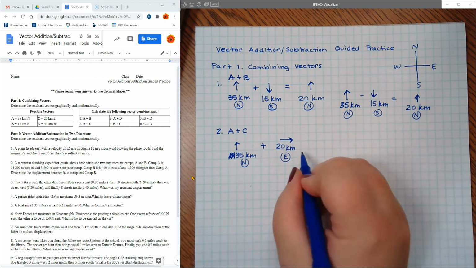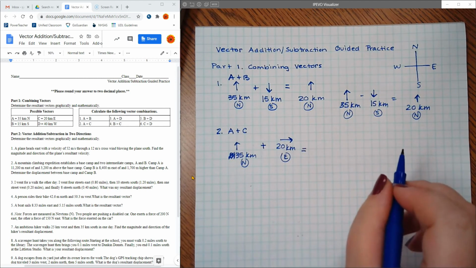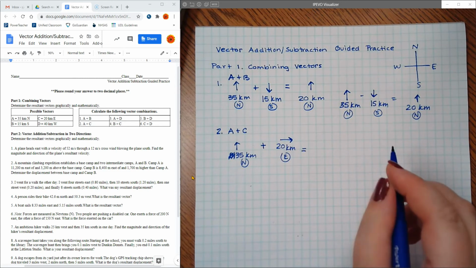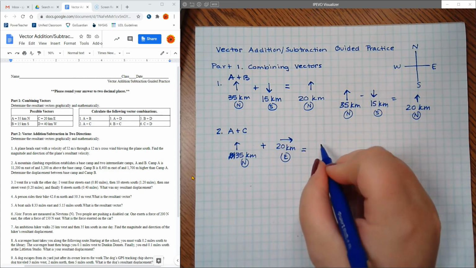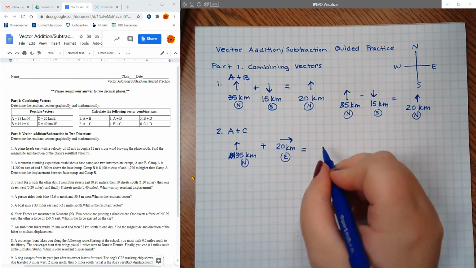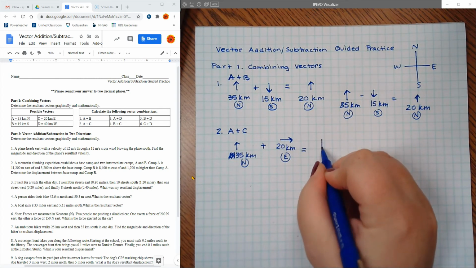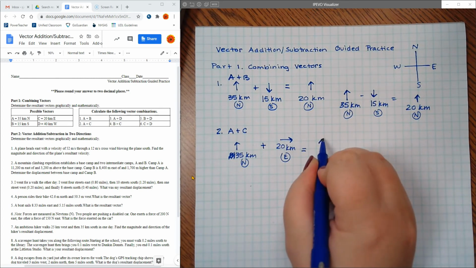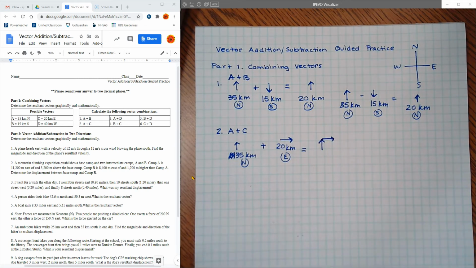When I add these together, since they are going in perpendicular directions, I have to draw them nose to tail. So first I had the northern vector and then the eastern vector.